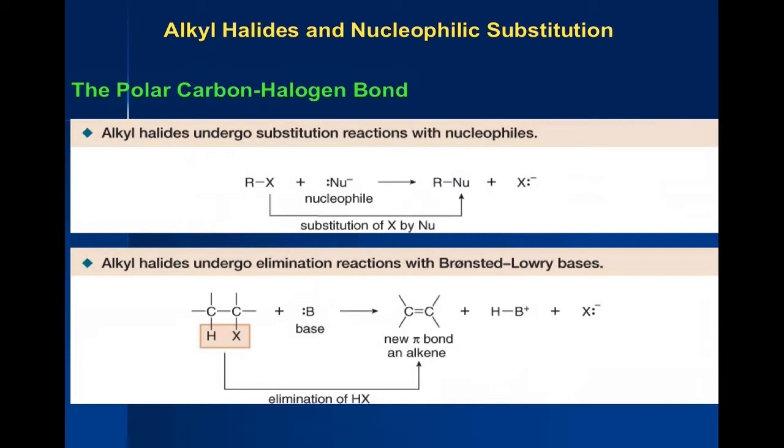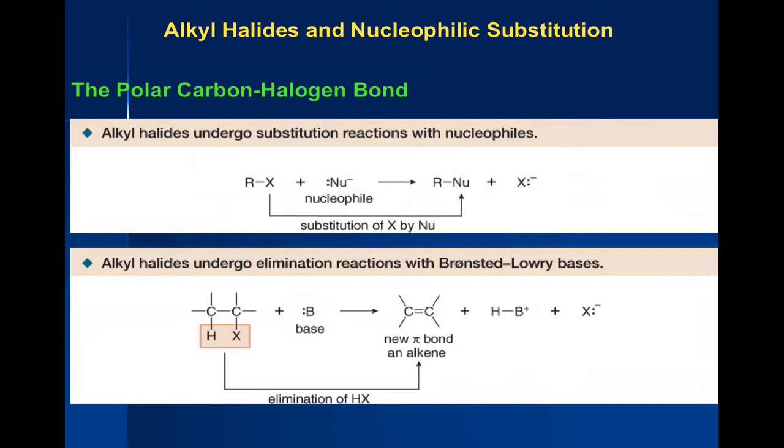And with this slide, I'm going to tell you something very important you need to commit to memory. All nucleophiles are Lewis bases, but not all Lewis bases are nucleophiles. Okay? All nucleophiles are Lewis bases, but not all Lewis bases are nucleophiles.